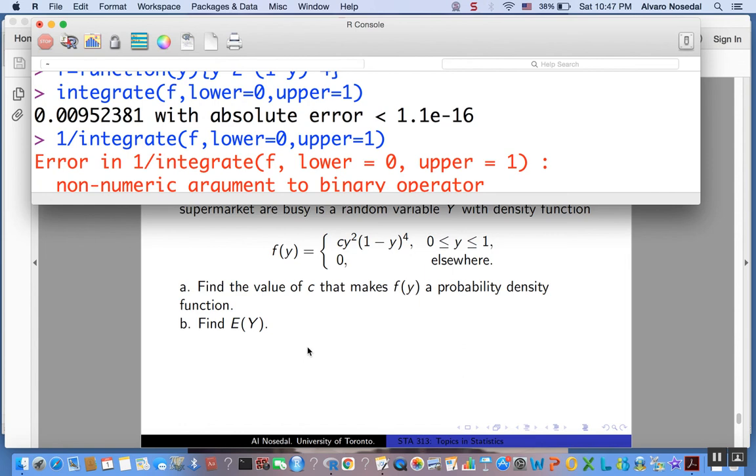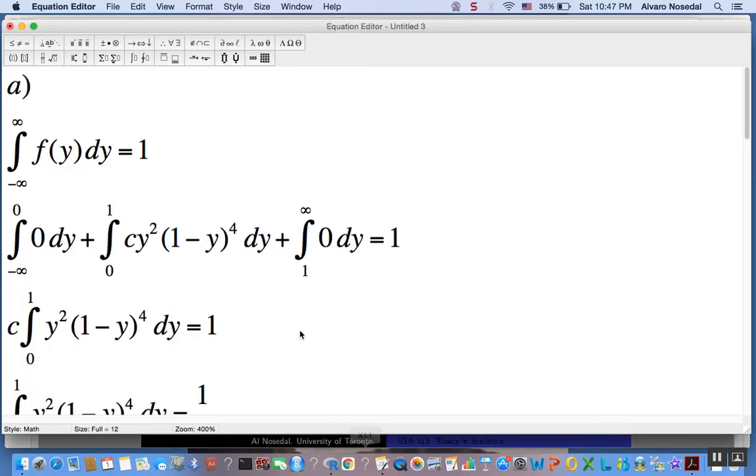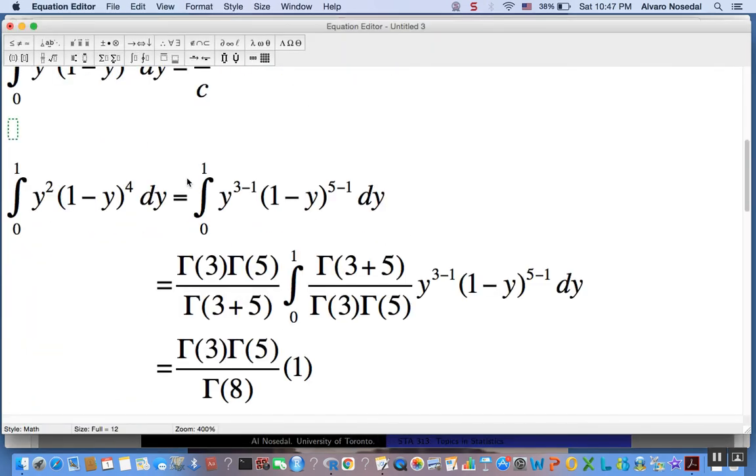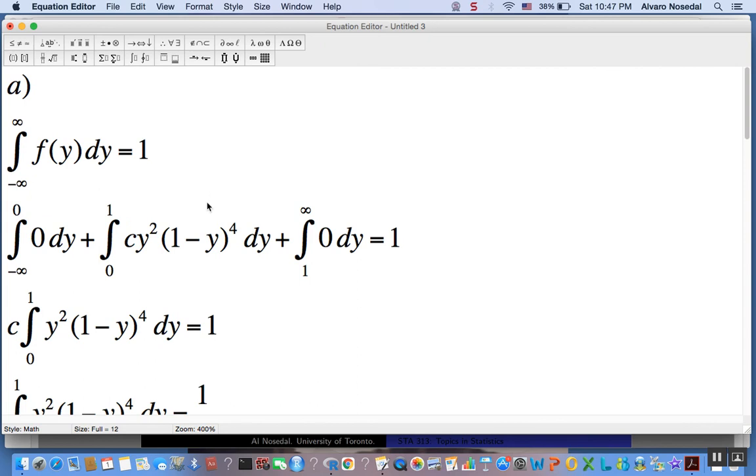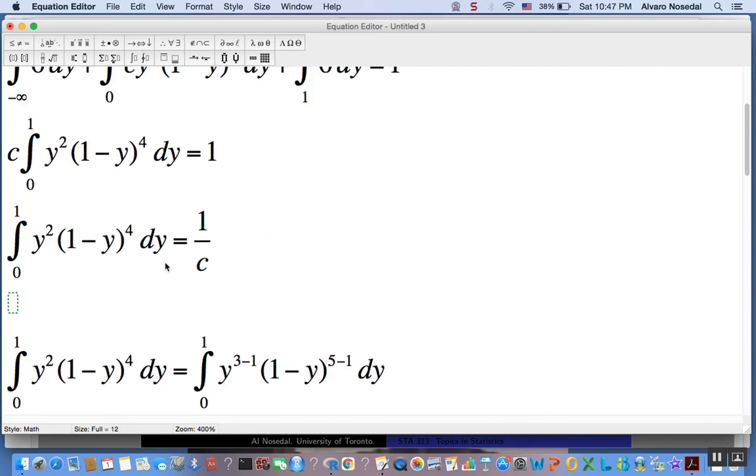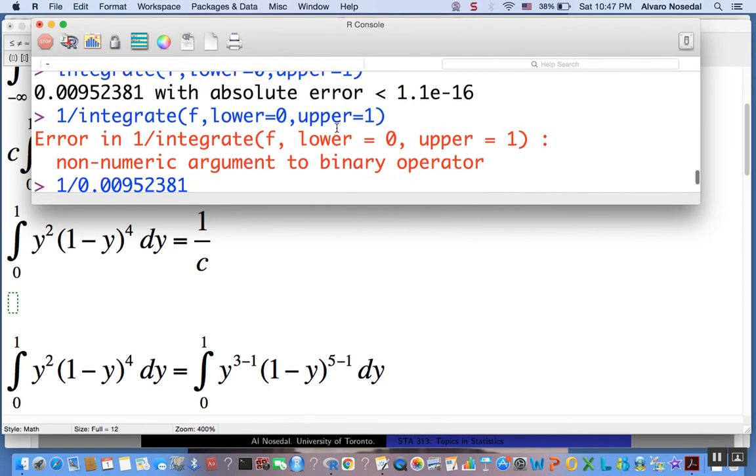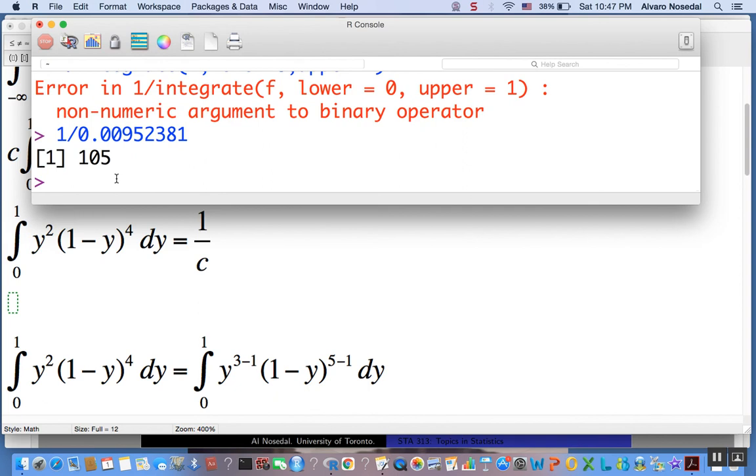But as I pointed out, it's important to be able to do things by hand here to set it up, especially for the final exam, because you're going to be doing things by hand. Okay, so we checked, and yeah, our constant c is going to be 105.